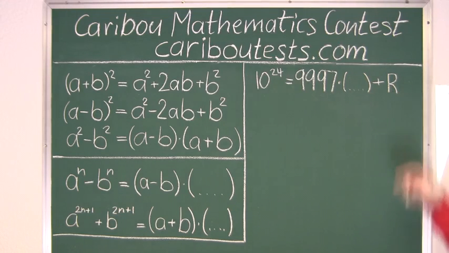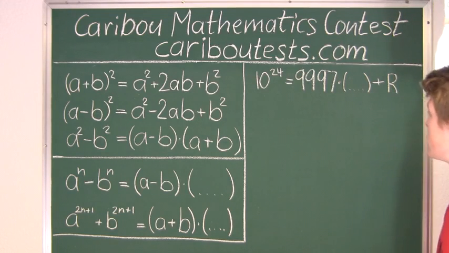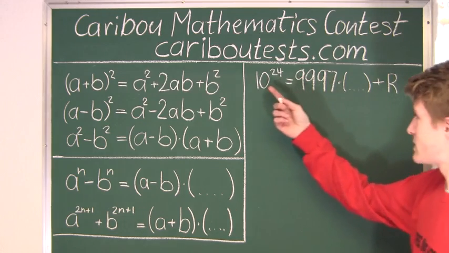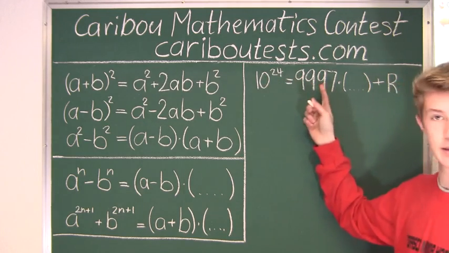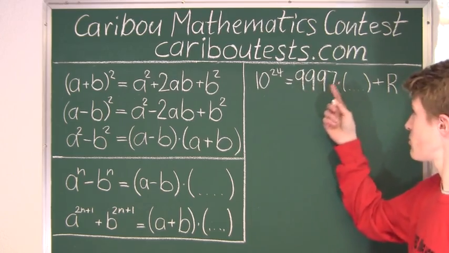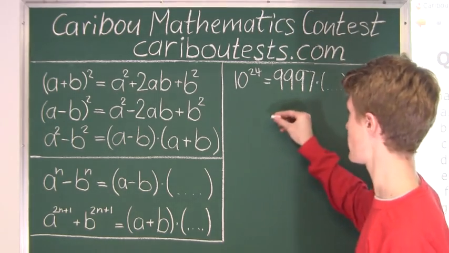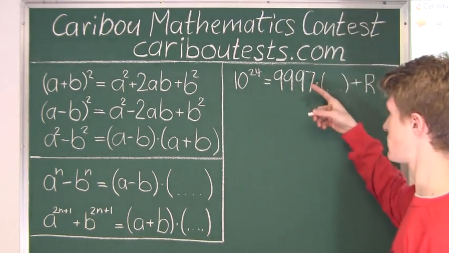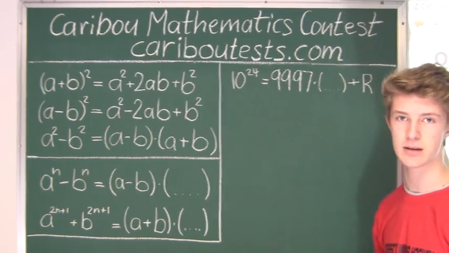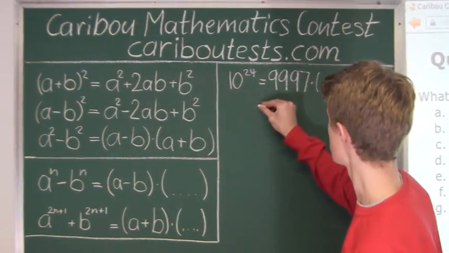Okay, so we have 10 to the power of 24, and then this number is only 3 away from 10,000, which can also be written as 10 to the power of 4. But then since this is 3 less, we will write this number as 10 to the power of 4 minus 3.